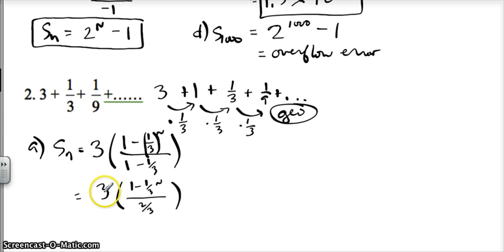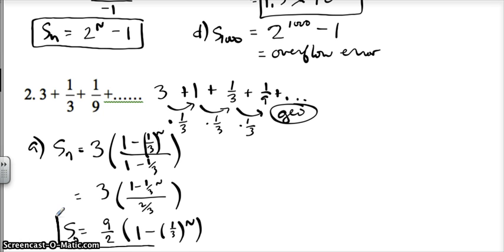So really, 3 divided by 2/3 is the same thing as 9/2. So we've got 9/2 times 1 minus, in parentheses, 1/3 to the n power. And that's going to be our simplified sum formula right there.